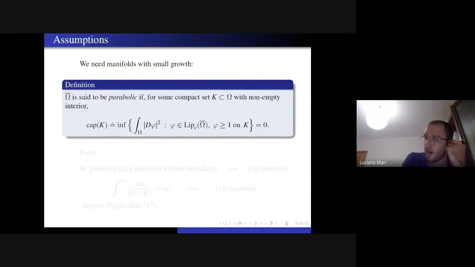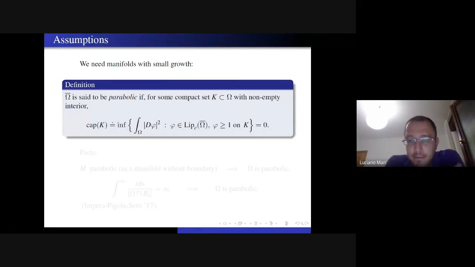What are our assumptions? Unfortunately, in many points, we need manifolds with small growth. In which sense? In the sense of potential theory, again. So we say that a manifold with boundary is parabolic if for some compact set with non-empty interior, the capacity of this compact set is 0.